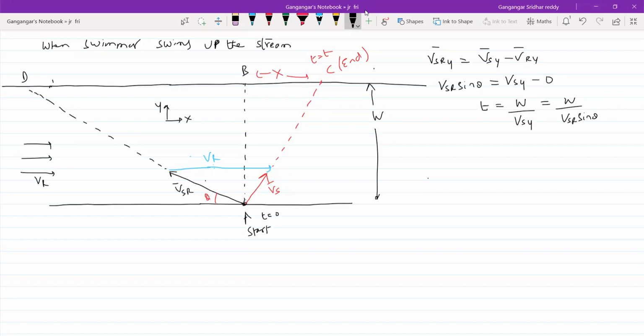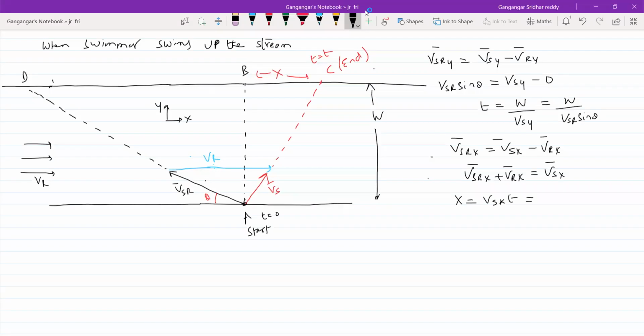Let's go for the drift. Let's calculate the drift. So what is the drift equal to? X is equal to, before that, VSX equals VSRX minus VRX. So the drift is equal to VSX into time.